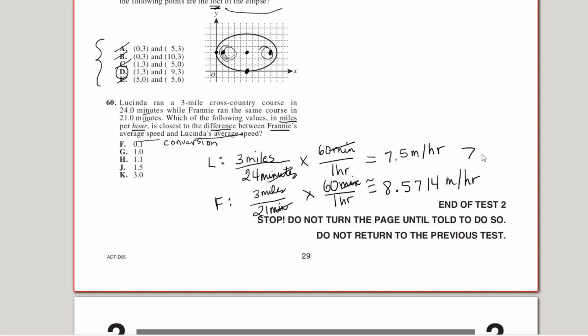And when we subtract these in our calculator, we're going to get approximately 1.071 miles per hour difference. And we're saying closest, looking at our values, we're to 1 decimal point. This is going to round to 1.1, and that is answer choice H. Conversion is very important in this problem.